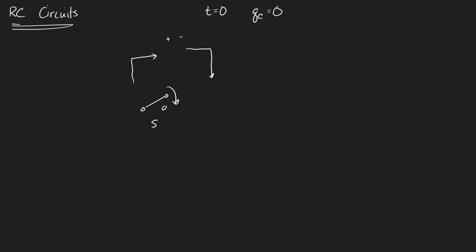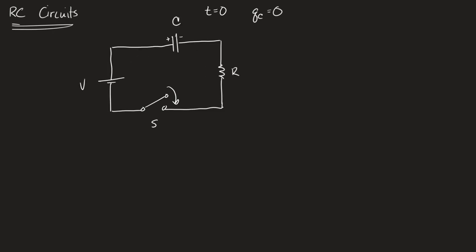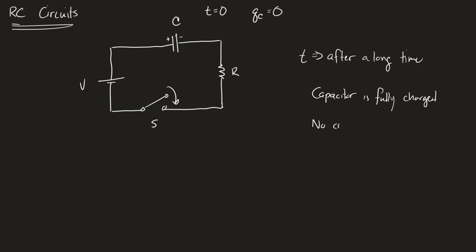When the capacitor is fully charged and no more charges can fit in the capacitor, we reach a steady state and the current in the circuit must drop to 0. So after a long time, the circuit reaches a steady state condition in which the capacitor is fully charged and there's no current in the capacitor leg.